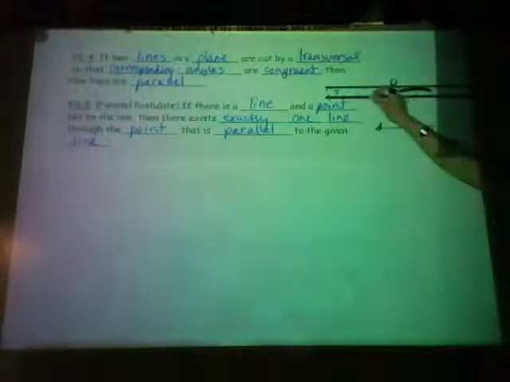Wouldn't you agree with that? Isn't there only one line that I could draw through this point right here that would be parallel to this line here? That's all that it says. There's no other way to draw that line through that point except for that way for them to be parallel.